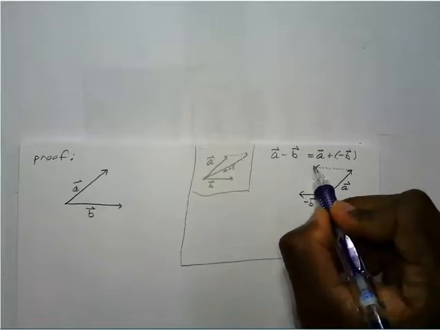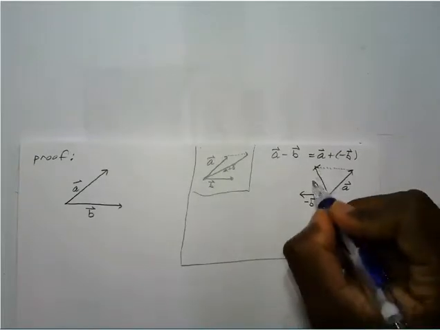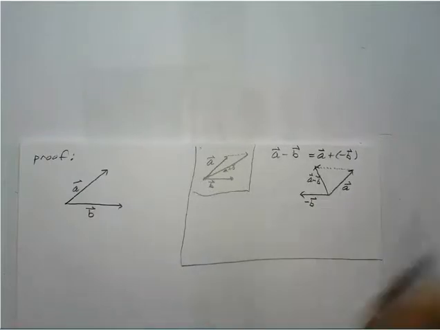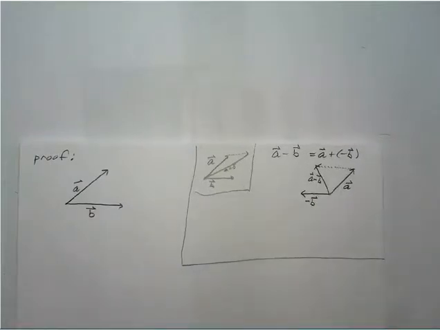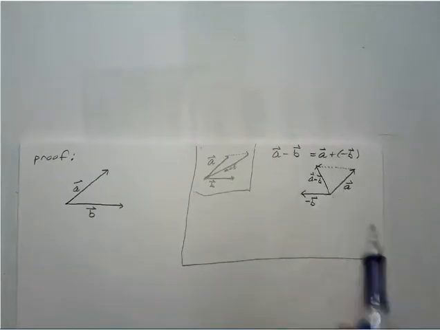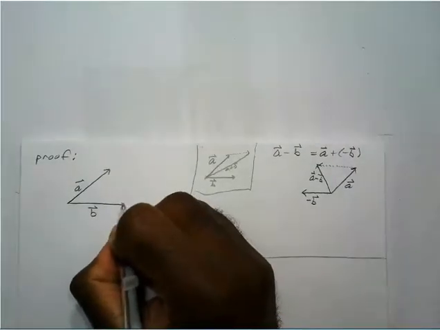So this is actually A minus vector B, because all we did was take this vector and slide it up here.